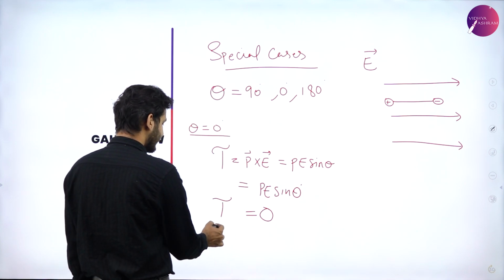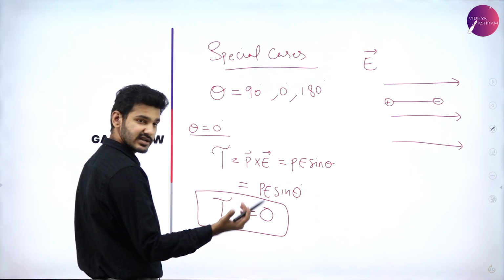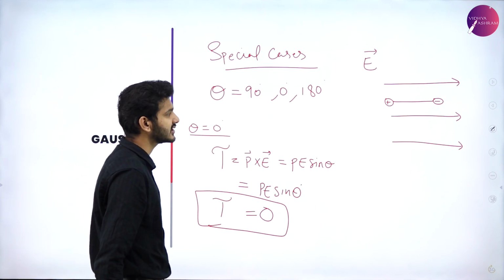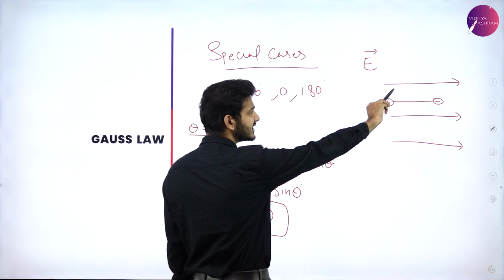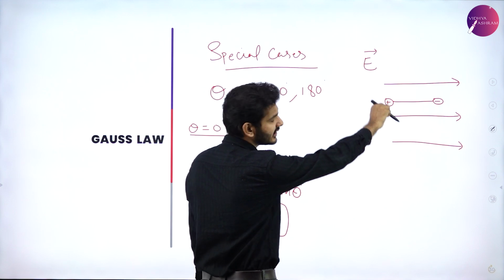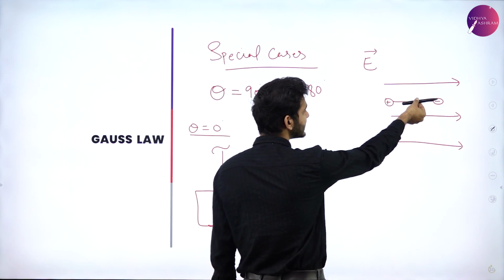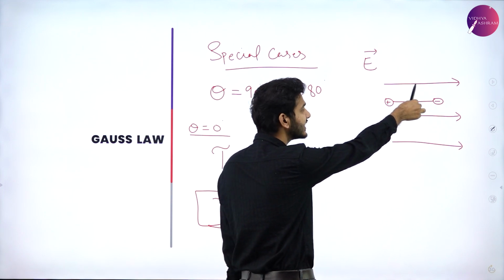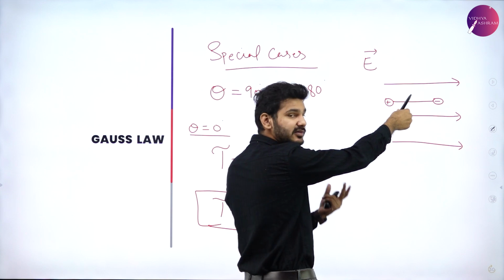So if the angle between the dipole and the electric field is 0, then the torque experienced by the dipole will be 0, which means that it is not experiencing any torque, or any force to rotate. Because what a dipole actually does is that when it is at an angle with an electric field, it wants to reduce that state of stress, and it wants to have a minimal state of energy.